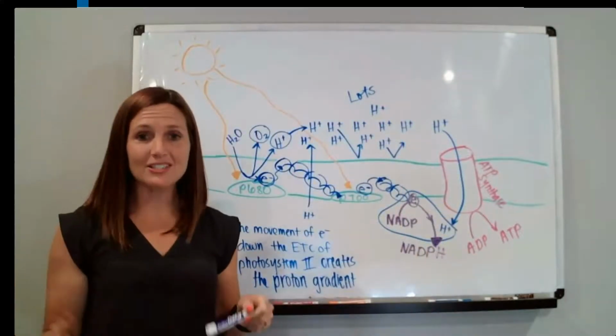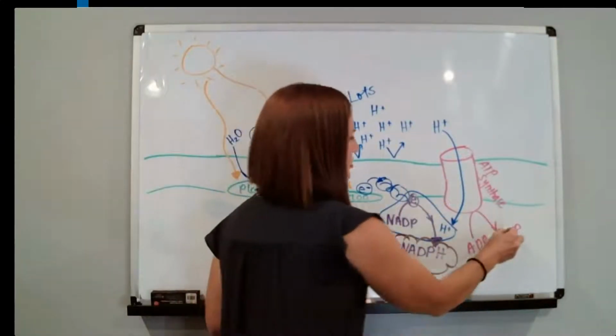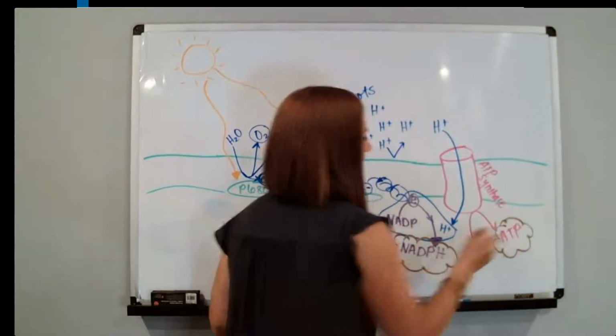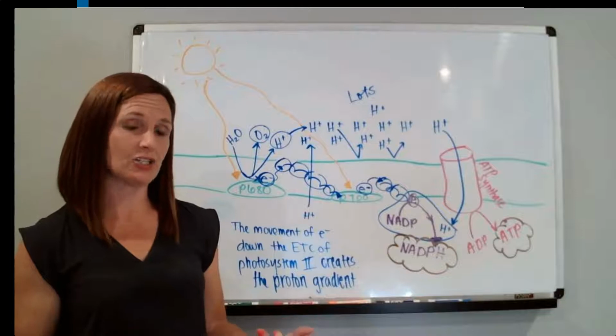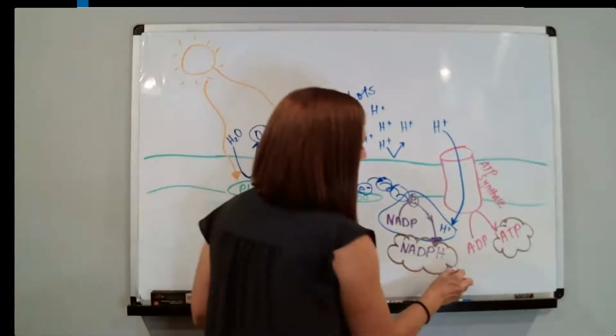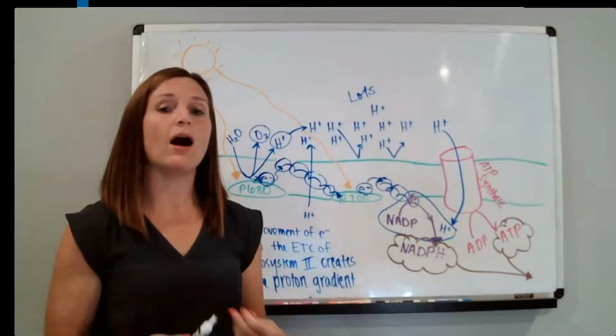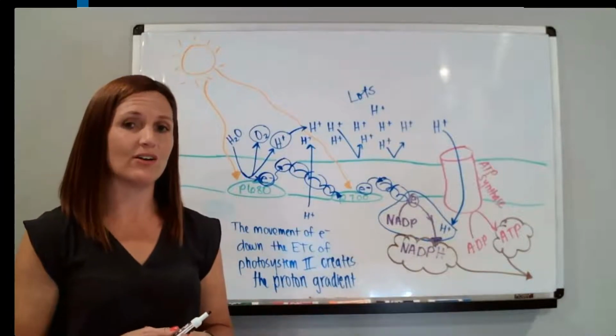And as a reminder, NADPH and ATP, now that they've been made in the light reactions, are now going to leave to go be a part of the Calvin cycle.